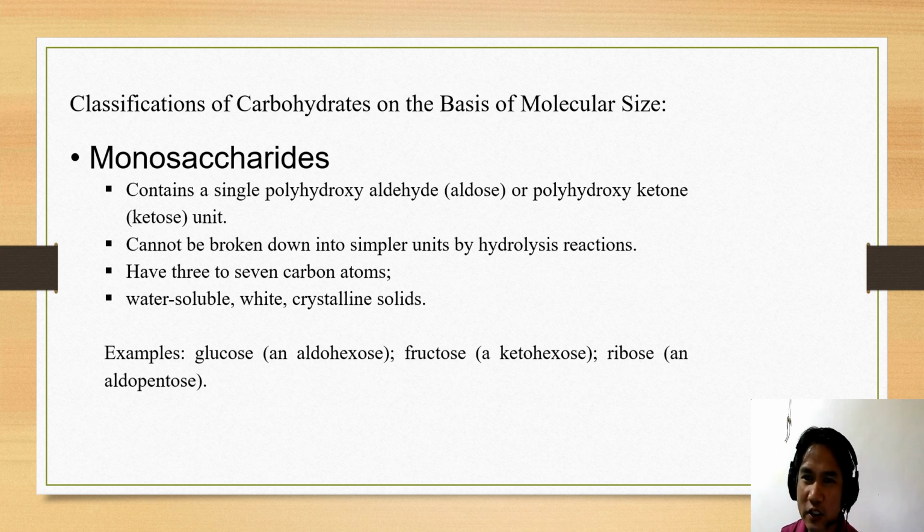They contain a single polyhydroxy. I explained earlier what it means by polyhydroxy. It's a molecule that contains many hydroxyl groups. Remember, hydroxy is a molecule that has an OH. This OH is different from hydroxide because this is a neutral compound.